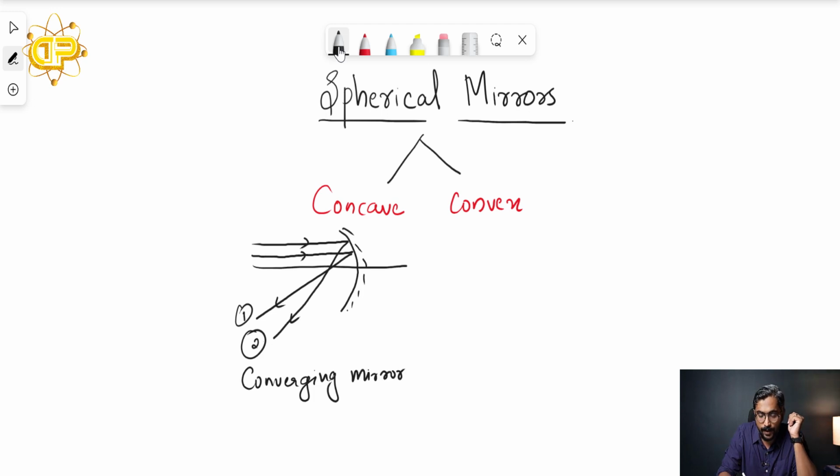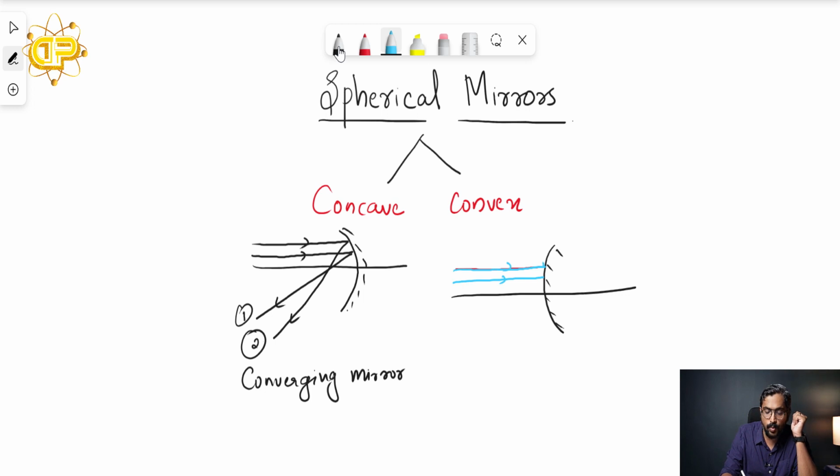Whereas in the case of a convex mirror, if you pass two rays like this, then you can see that the two reflected rays will move apart.